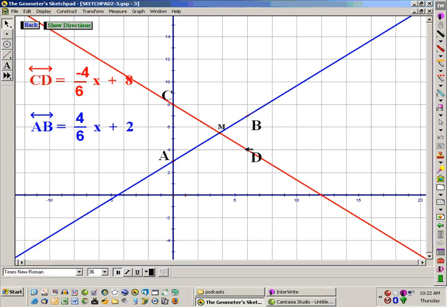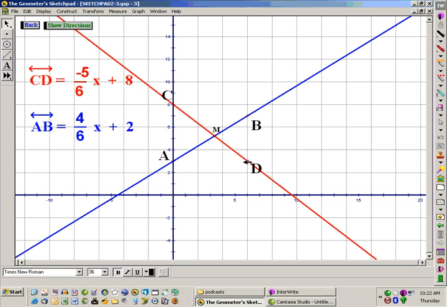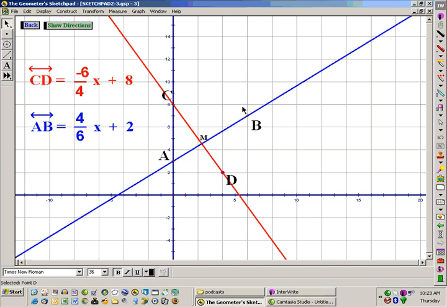But if I adjust this in just the correct way, is that perpendicular? Positive, negative, but they're not reciprocals. This is a right angle. I could even measure the angle. The measure of this angle CMB is exactly 90 degrees, and you can see that the slopes are reciprocals, positive, negative. So parallel lines have equal slopes, perpendicular lines have reciprocal slopes.